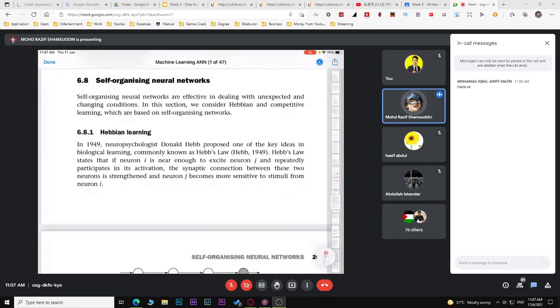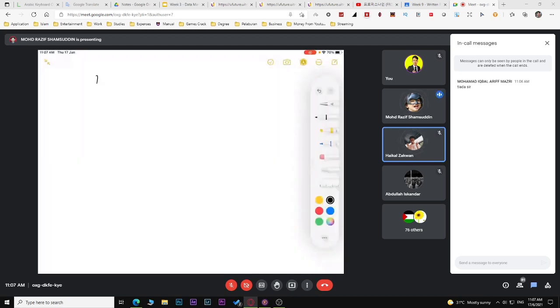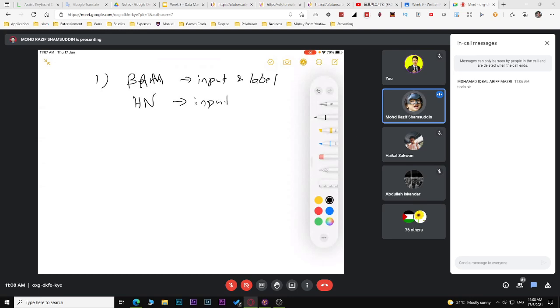Saya nak try lah tanya you all apa beza. Nombor satu apa beza? Ada input atau ada label. Good. BAM ada input and label kan, tapi Hopfield hanya ada input saja. Lagi? Dua.